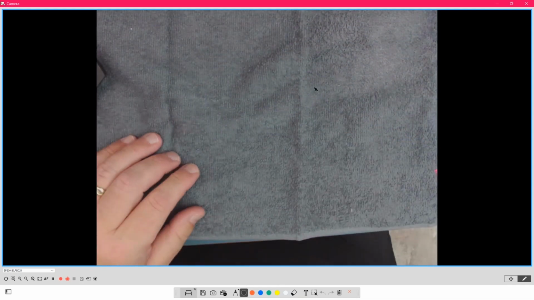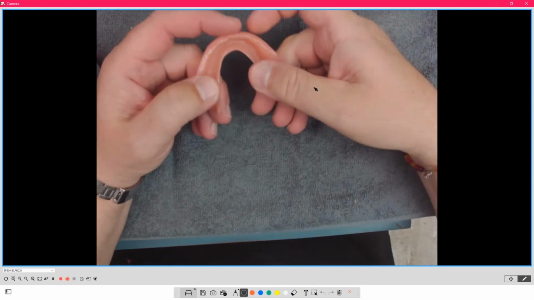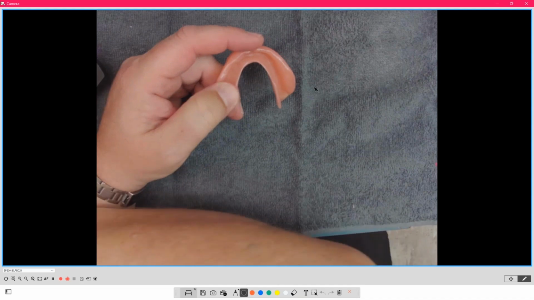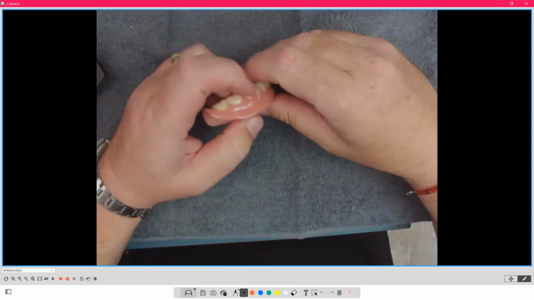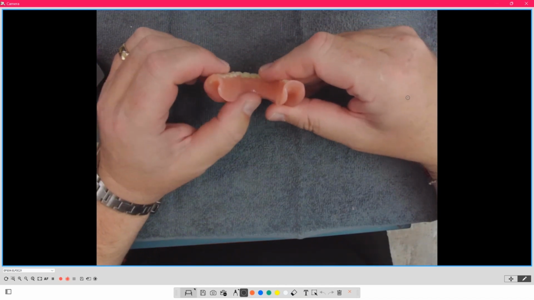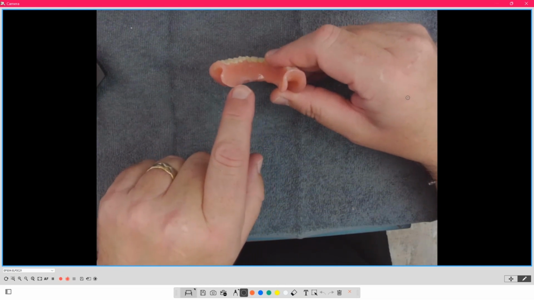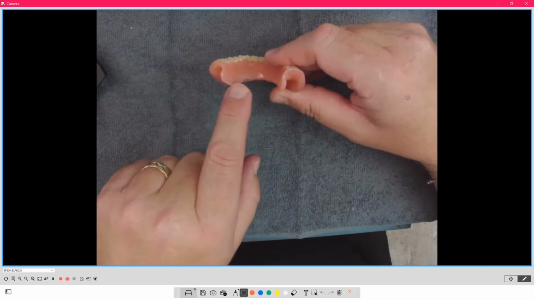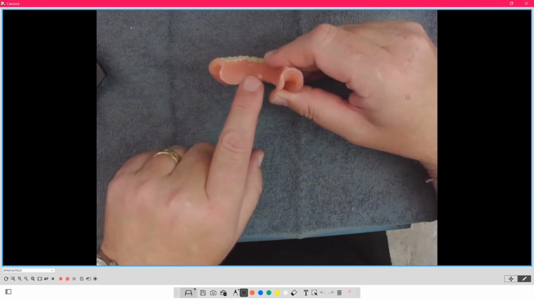This is an interesting one. This was sent by a denturist, and he said, Mark, a lot of times on dentures, I have patients saying that they can feel a space lingually when they run their tongue along the border of the denture. They feel a gap about the molar area, and they put their tongue down there and say there's a space.